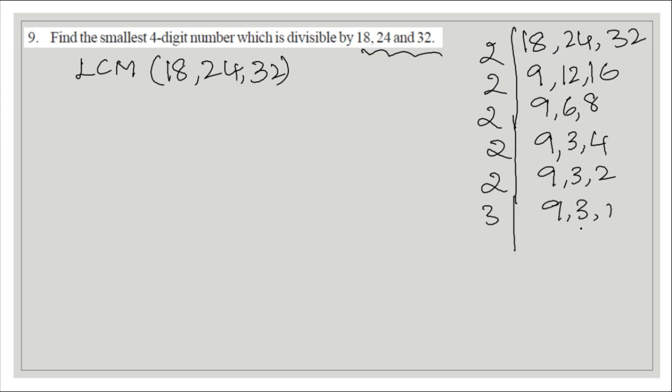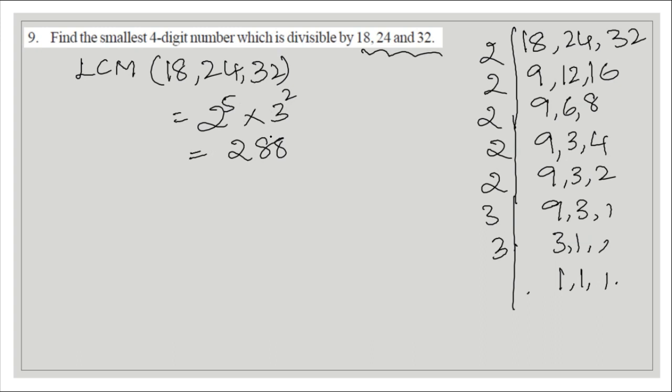Now divide by 3, 3 threes are 9, 3 ones are 3, 1. Okay. What is the LCM? 2 is repeated 5 times and 3 is repeated 2 times. 32 into 9 is 288.